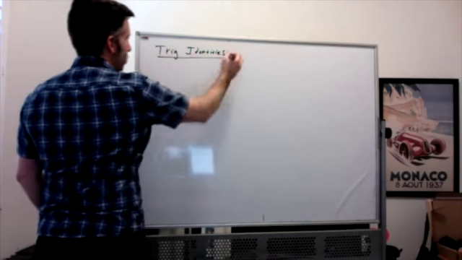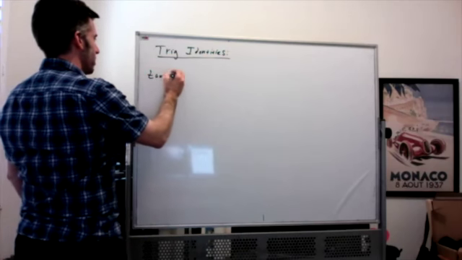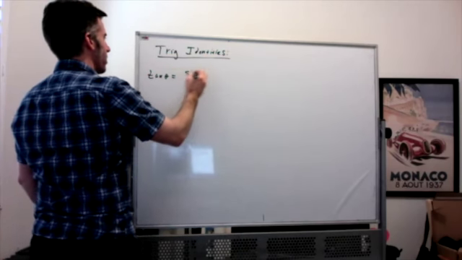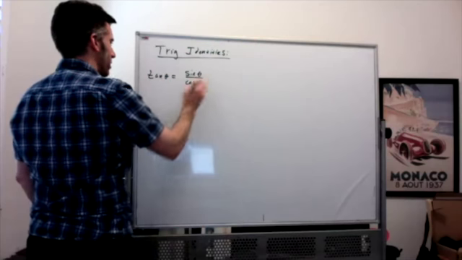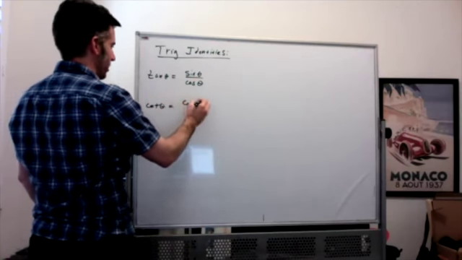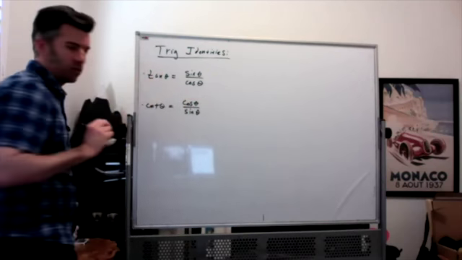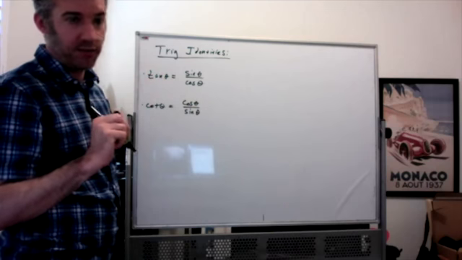These are often called the quotient identities. The tangent of theta is equal to sine of theta over cosine of theta. And cotangent of theta equals cosine theta over sine theta. These are some of the most frequently used trigonometric identities that we have.